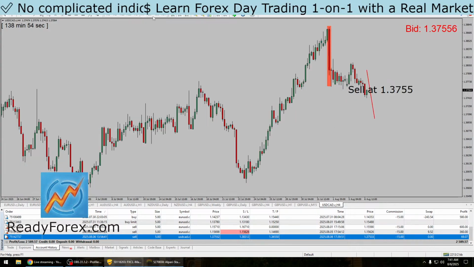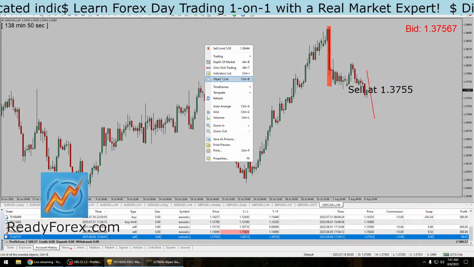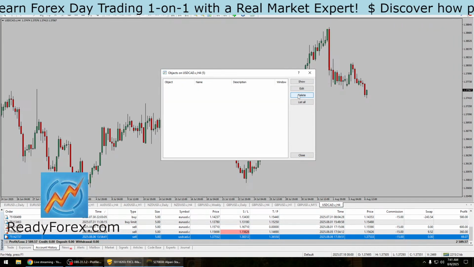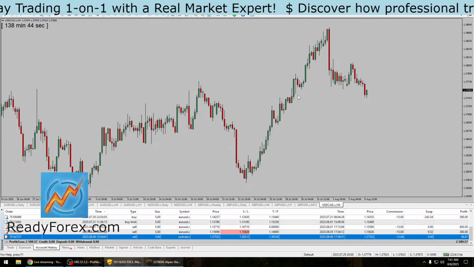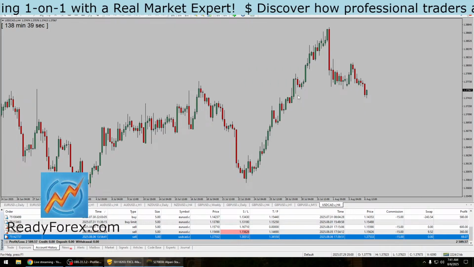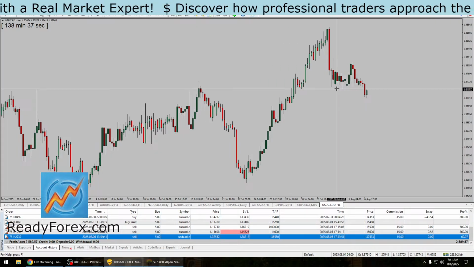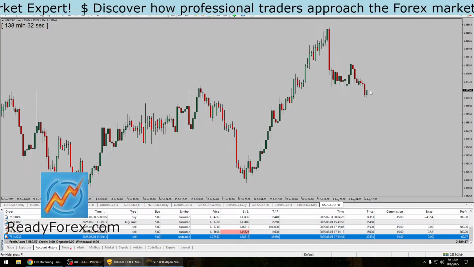Let's go over to a 4-hour time frame. I'm going to remove this thing. And this is a big washout. So market is now trying to rise.